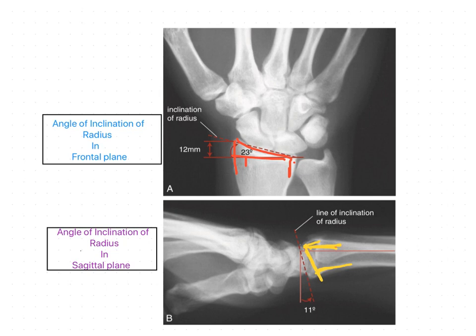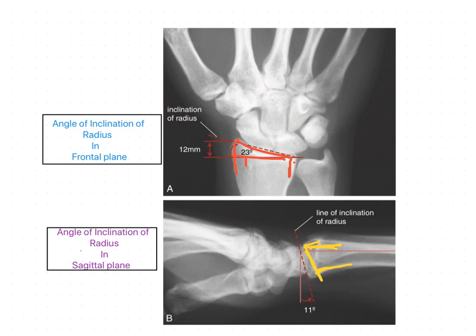to the size variation or the height variation of the radius. And the next one is the triangular fibrocartilage complex.